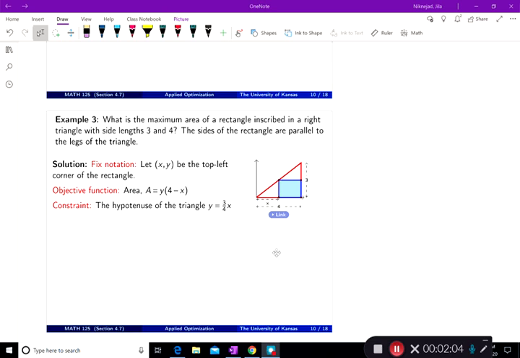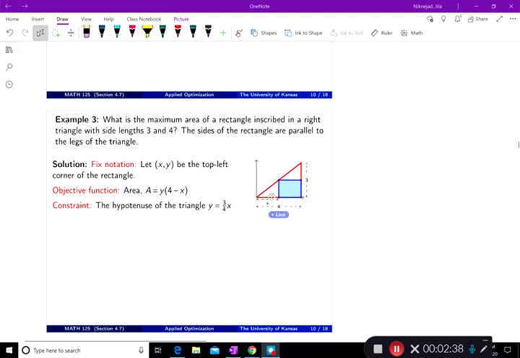And then the constraint, what is limiting us in here, is that the rectangle is supposed to be inscribed in the triangle. Now, how does that affect the rectangle? As we saw when we were moving that point right down here, one length increases, the other length decreases, and so on.